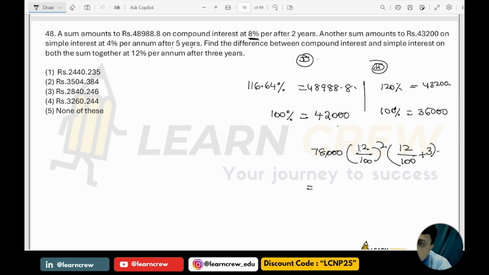So if you apply this, 78,000 into 3 square is 9, 25 square is 625, and it is 4 threes are 12... 78 by 25, so how much do you get here? If you observe clearly, it is approximately 3,125. So approximately you are going to get very close to 3,500. So the answer is option 2.